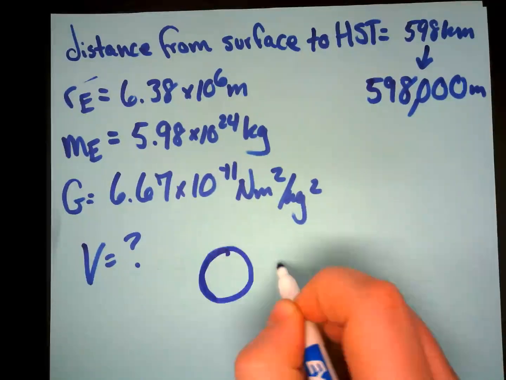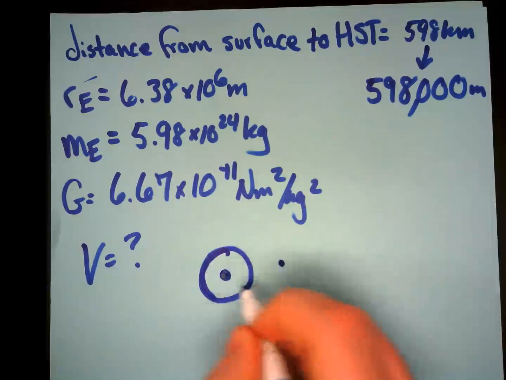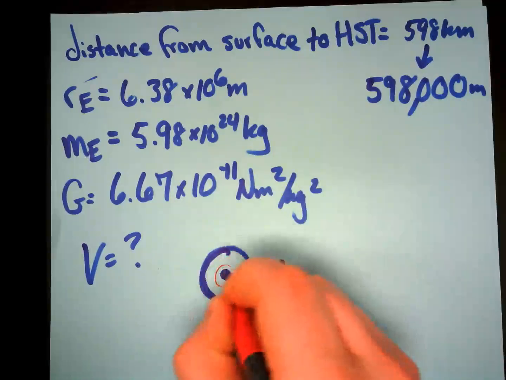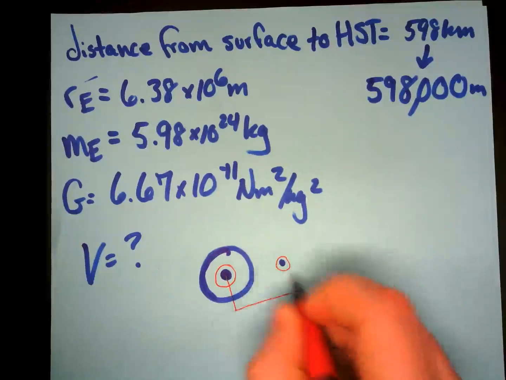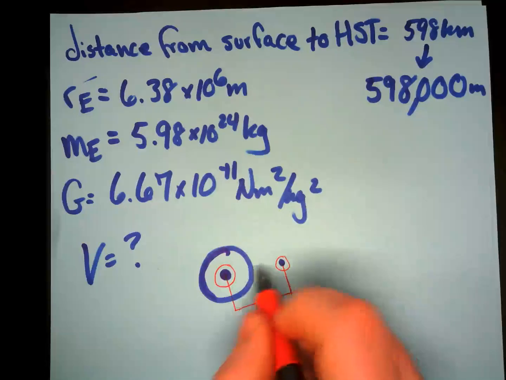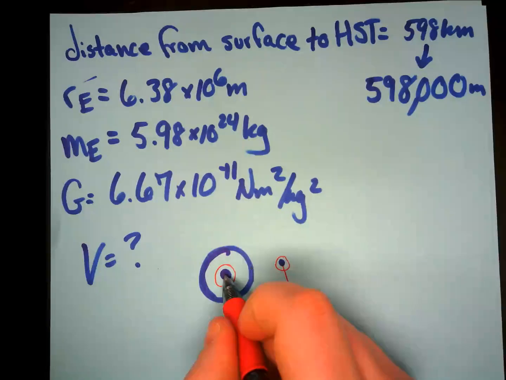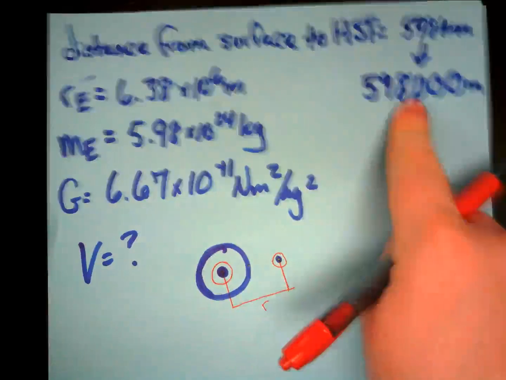So if this is the Earth and this is the Hubble telescope, we have to go from the center of the Earth to the center of the Hubble telescope. This is our radius. It's not from here to here or here to here. It's from the center of mass of Earth to the center of mass of our Hubble telescope.